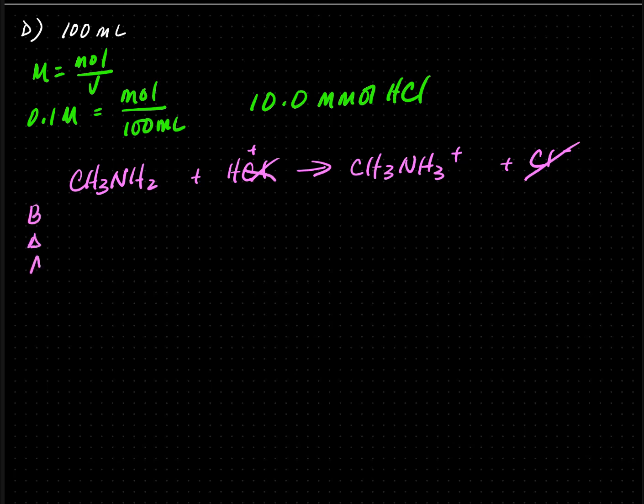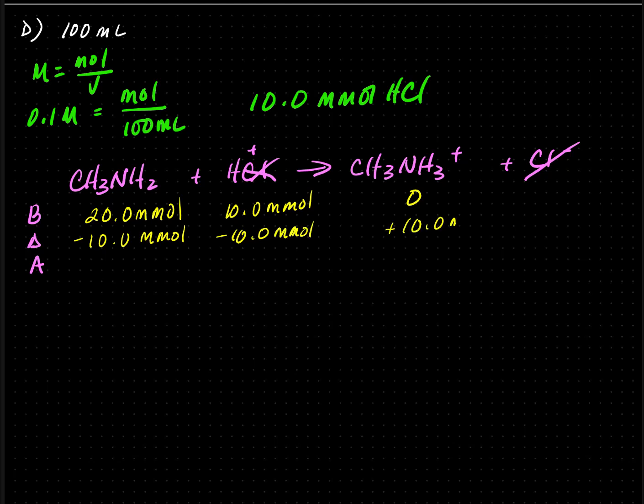So we're going to do before, change, after. The before moles is going to be the same as before, which is 20.0 millimoles. The acid we calculated is 10.0 millimoles. There is no conjugate. So my limiting reagent here is the acid. So I'm going to subtract 10 on the left side and add 10 millimoles on the right side.